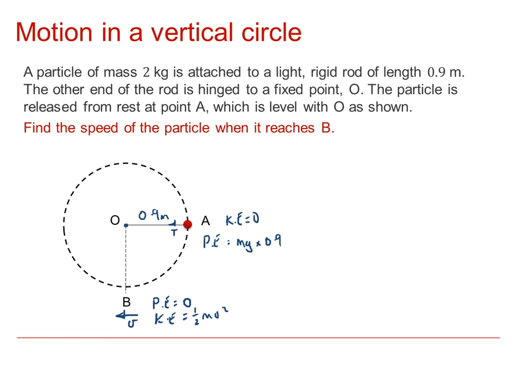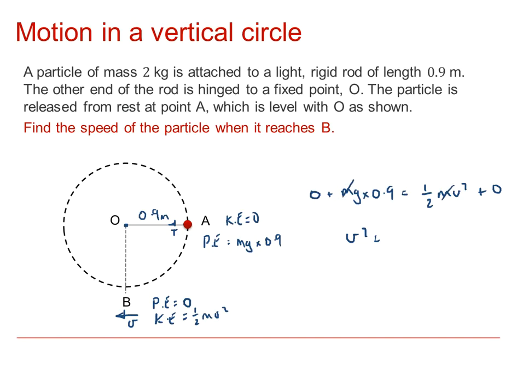So the conservation of energy tells us that 0 plus mg multiplied by 0.9 is equal to 1/2 mv squared plus 0, and therefore v squared is equal to 2g multiplied by 0.9, as the m's cancel out from that equation.